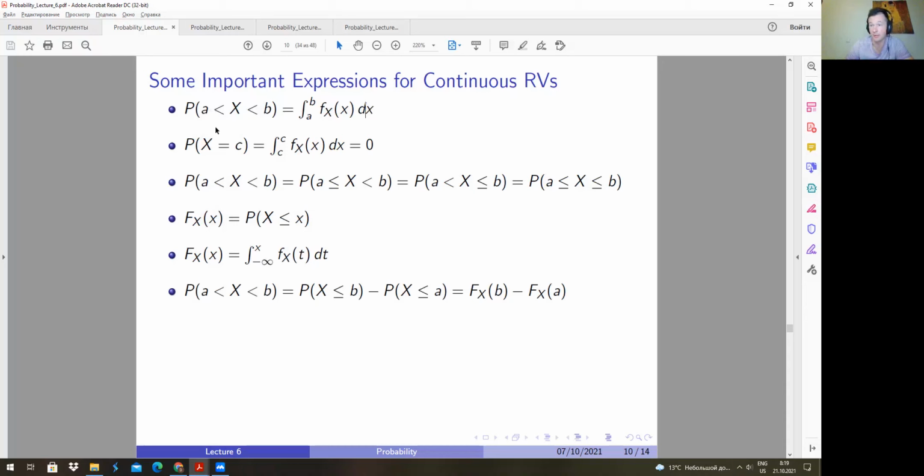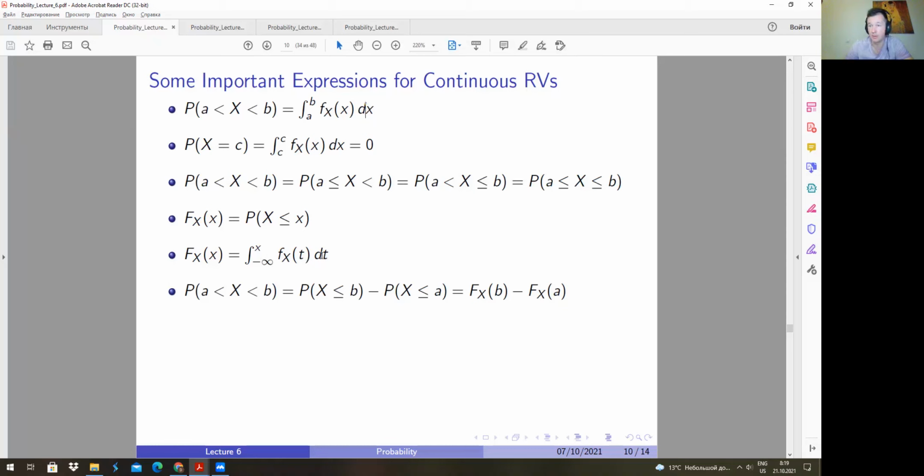So here, instead of a, we have minus infinity, and instead of b, we have this small x. Therefore, we can define the CDF as an integral of the PDF from minus infinity to small x. Here t is just a variable of integration. So we use t here. I can use y, z, whatever.